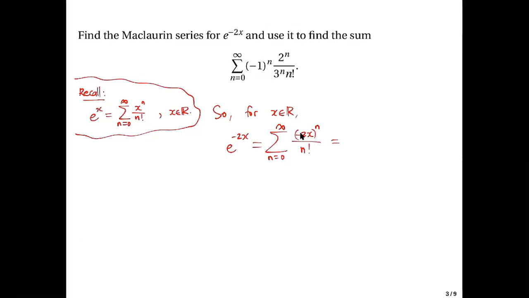We factor the constant, the coefficient negative 2, here. So we rewrite this as the series from n equals 0 to plus infinity of, let us also separate the negative 1, so this will be negative 1 to the n, then we have 2 to the n, x to the n divided by n factorial.